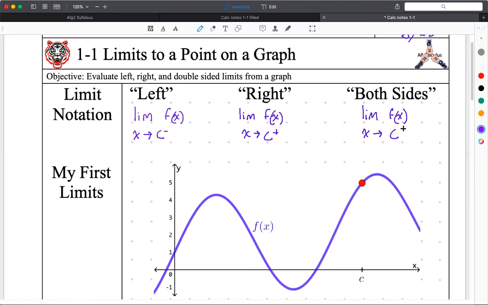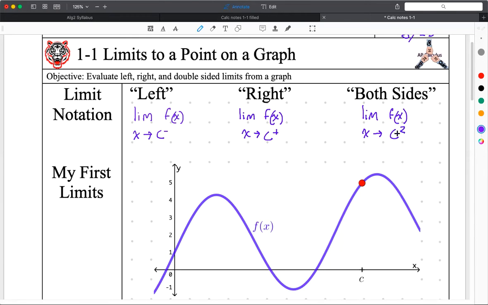And what symbol are you going to be using? I don't know. If you had to take a guess, what would you say? Two. That's a good guess.